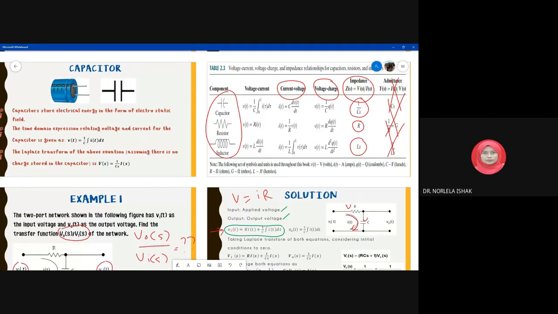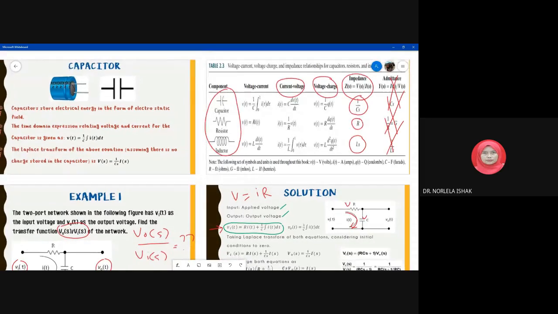Actually, we want to define Vi equal to VR plus VC. From here we derive.